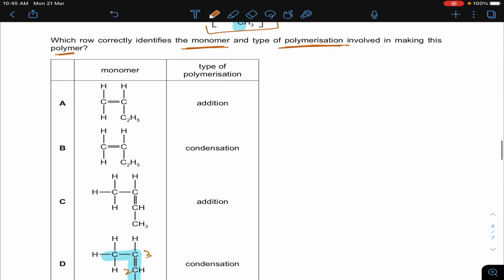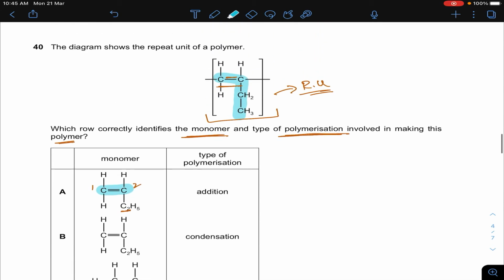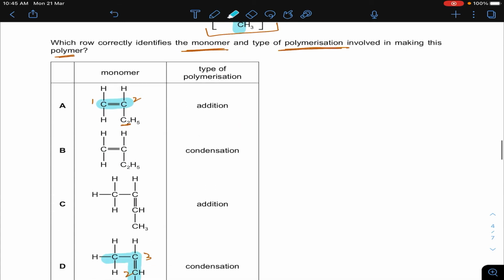If you look at structure A, it has 4 carbon atoms, and the double bond is between carbon number 1 and carbon number 2. So option A is the correct option.